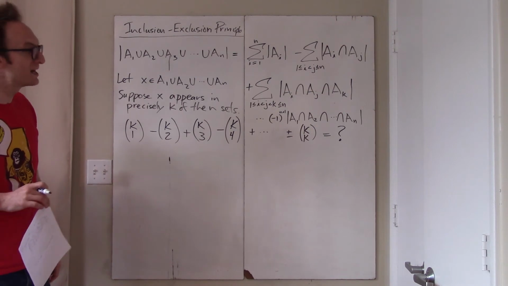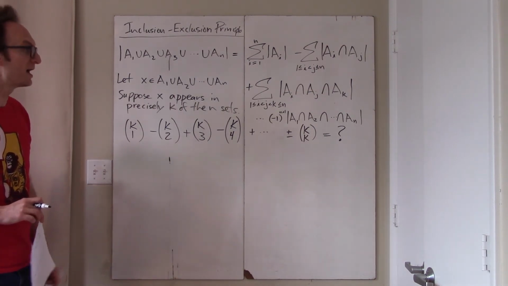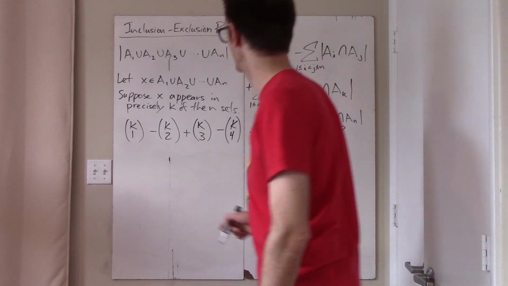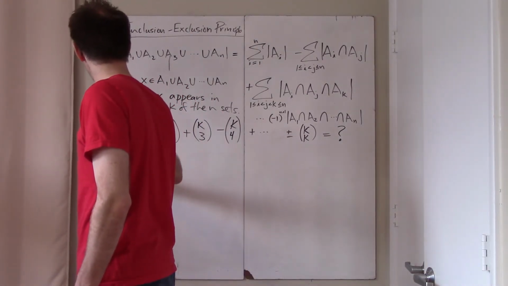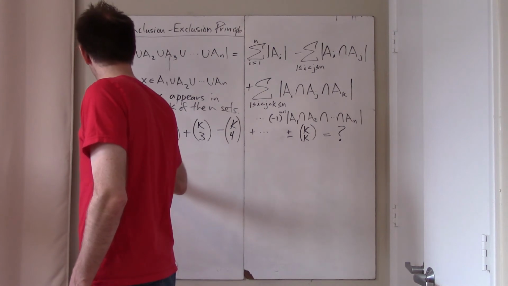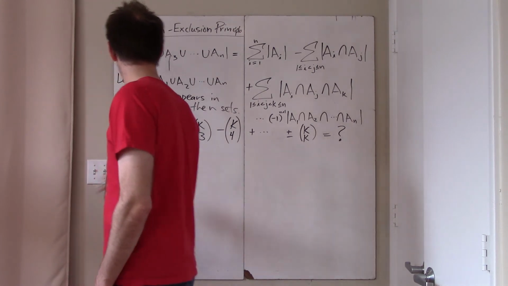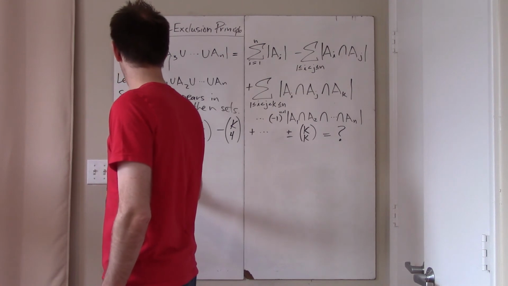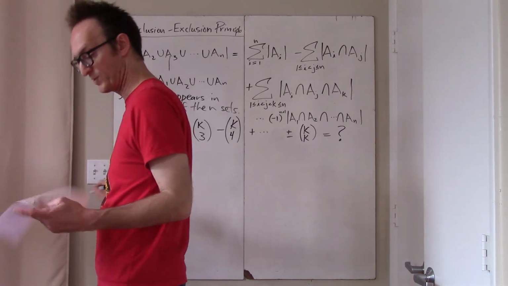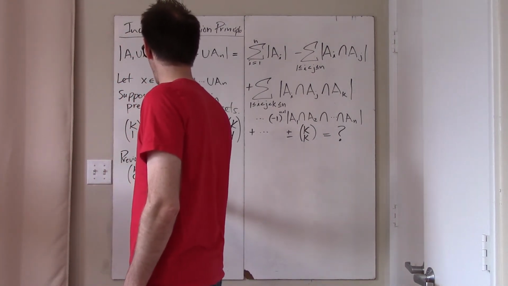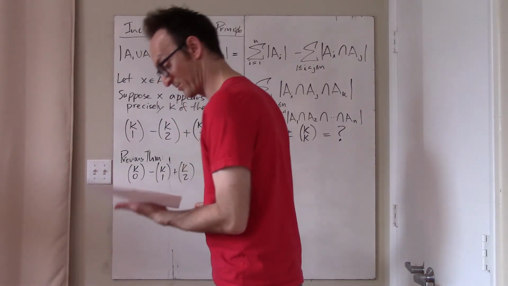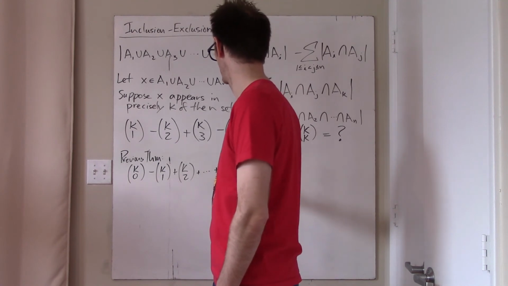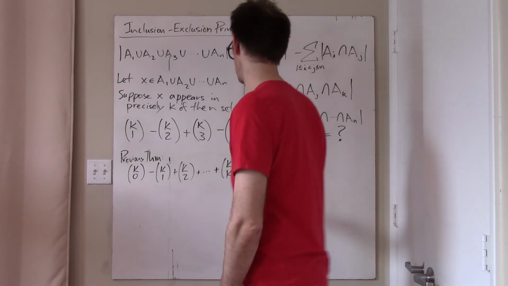Why does this correctly count x? Well, now we just note that by our previous theorem, the one that we just spent 20 minutes reviewing, k choose 0 minus k choose 1 plus k choose 2, all the way up to k choose k, is 0.